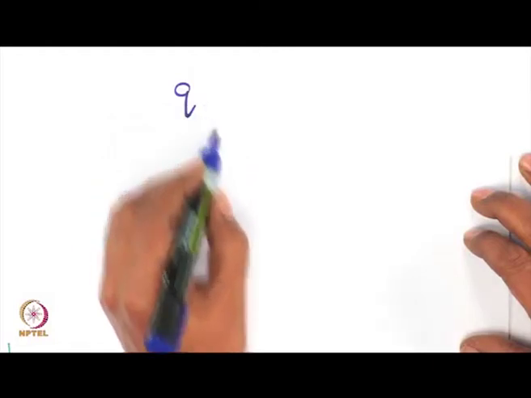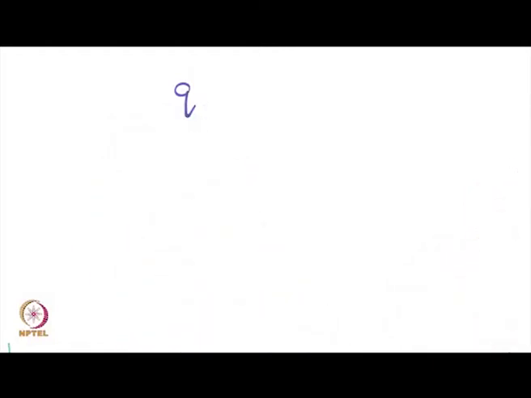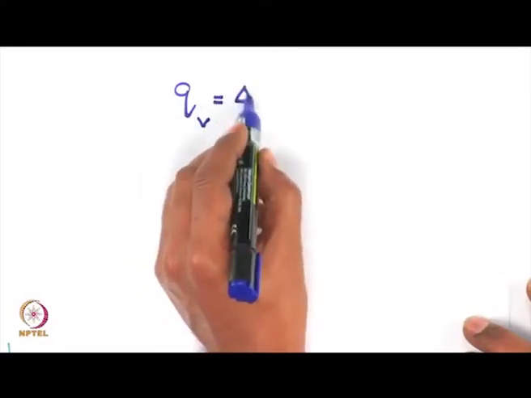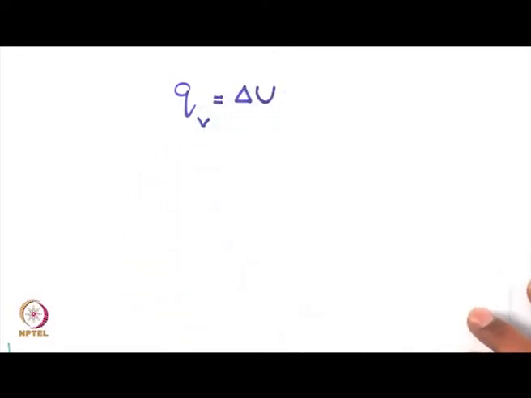So, here I need to calculate heat. So, heat we need to decide under constant pressure condition or under constant volume condition. A house has a constant volume, the volume of the house does not change, pressure can change. That means, we should target QV, which is equal to delta U. This is what we need to calculate.